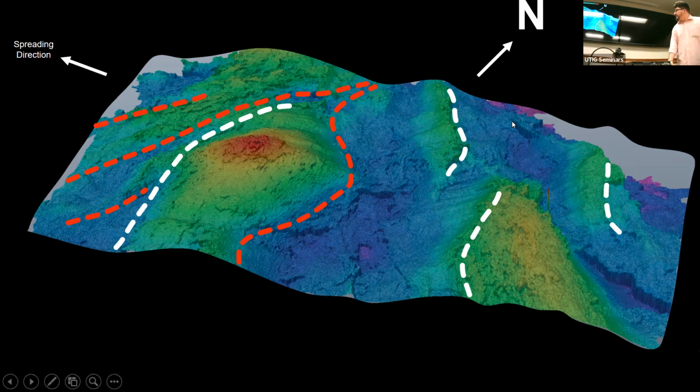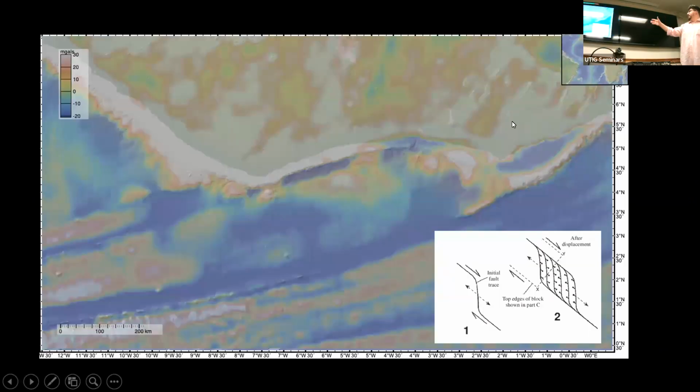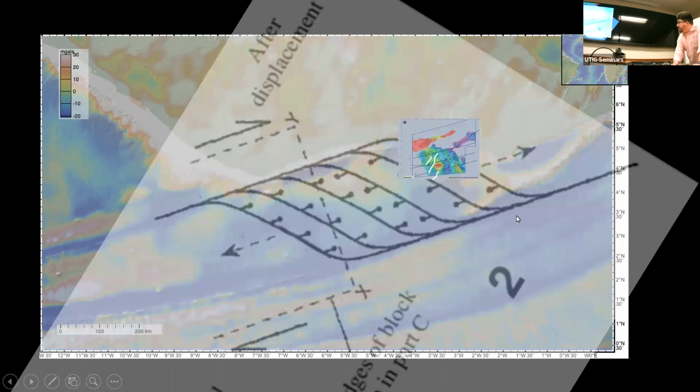But one of the things that I was thinking about is, well, okay, you're sandwiched in between the St. Paul and Romanche fracture zones. Maybe this is acting like a big dextral releasing bend in this overall transform system. The problem is that when you map it out, if you blow this up, make it transparent and line everything up, they're perpendicular from where they should be.